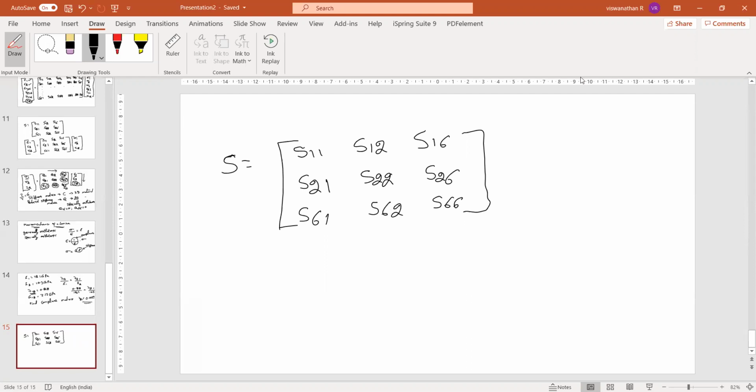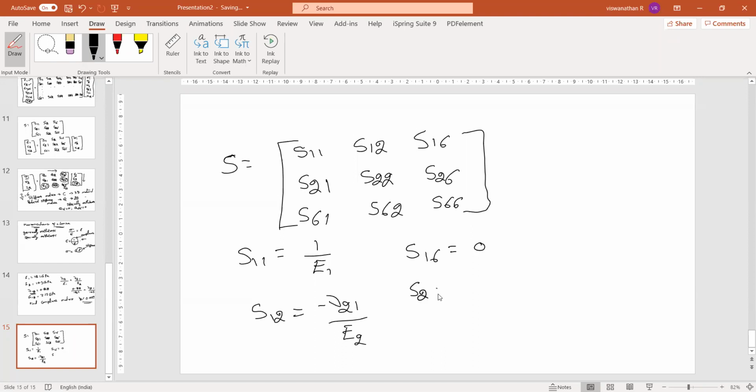Now, what is S11 equal to? 1 divided by E1. What is S12 equal to? Minus nu21 by E2. S16 is 0.